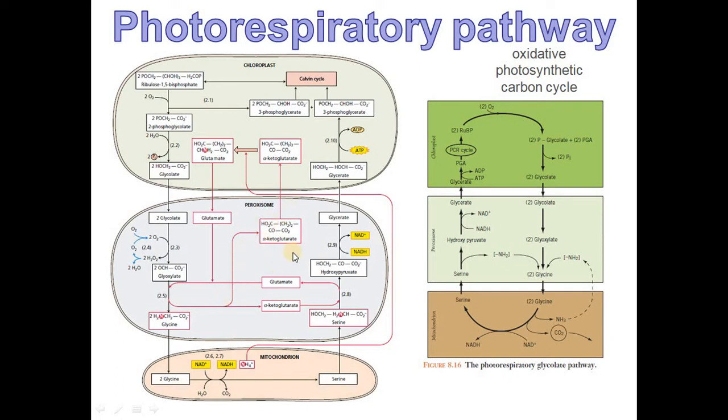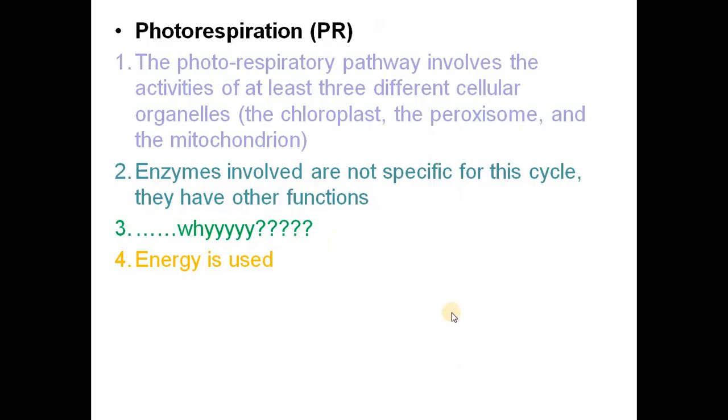Enzymes that are doing something else are actually hijacked to deal with glycolate. The enzymes involved are not specific to the photorespiratory pathway. They are taken away from their job and told, now you have to deal with this and go into the photorespiratory pathway.